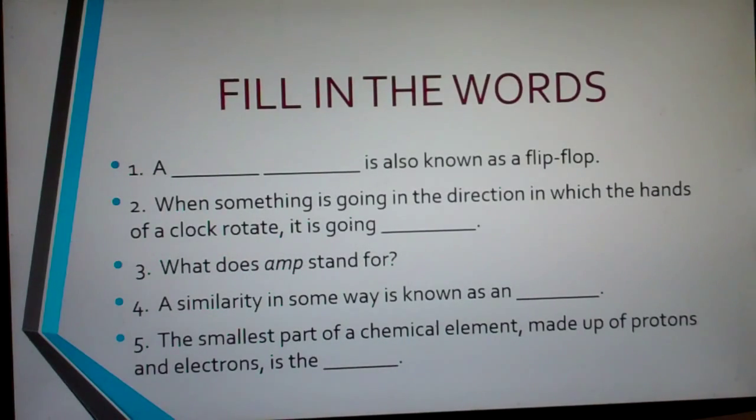Fill in the words. Number 1. A blank blank is also known as a flip-flop. Number 2, when something is going in the direction in which the hands of a clock rotate, it is going blank.